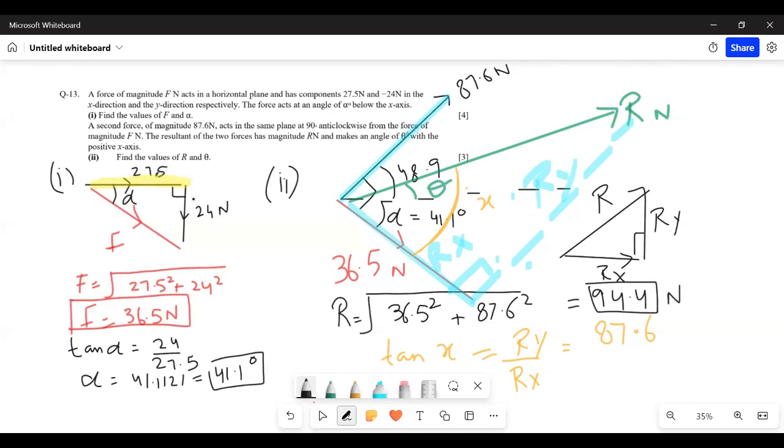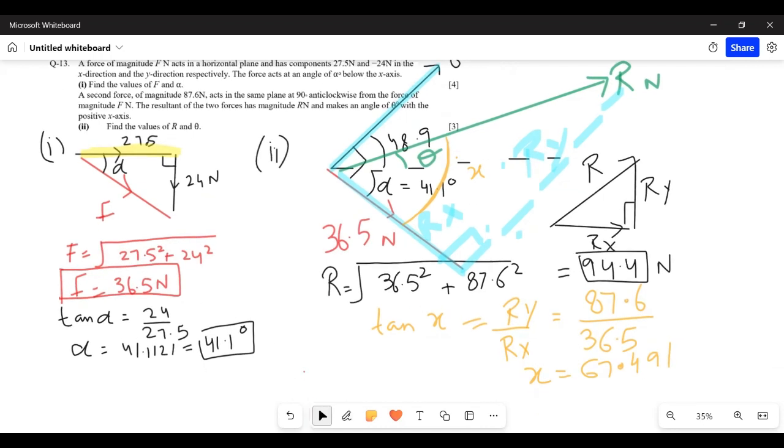And then now we need the angle x first, and then we'll find angle theta. So Ry over Rx. So इससे x आ जाएगा by taking tan inverse. You get x equals 67.491.